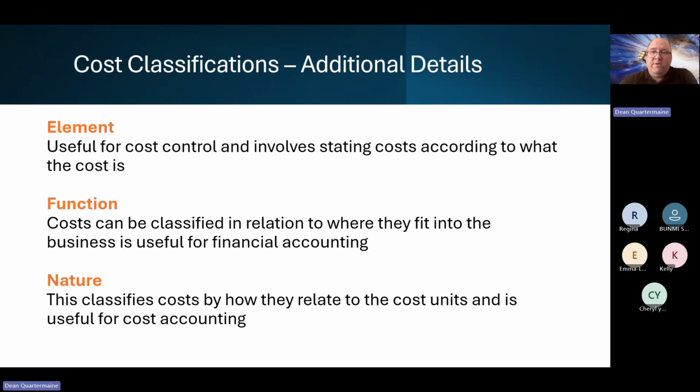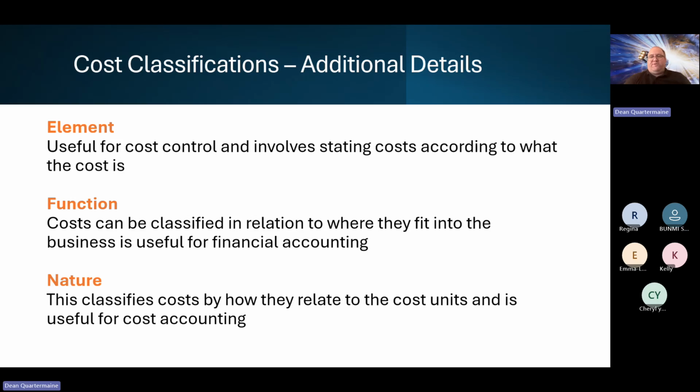So classifying cost by function aligns directly with financial accounting, which is why some people might do it. And then classifying cost by nature, that's classifying cost by how they relate to the cost units, useful for cost accounting. So is it direct cost or is it indirect cost?